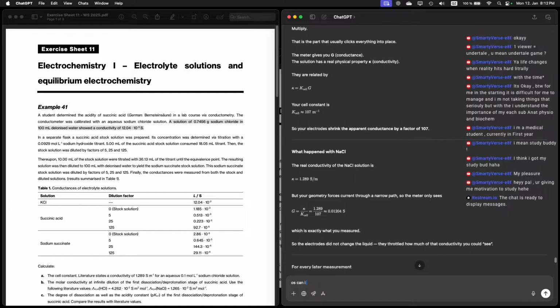So can I say the conductance is decreased by a factor of 107 due to the electrode dimensions we have compared to the literature.